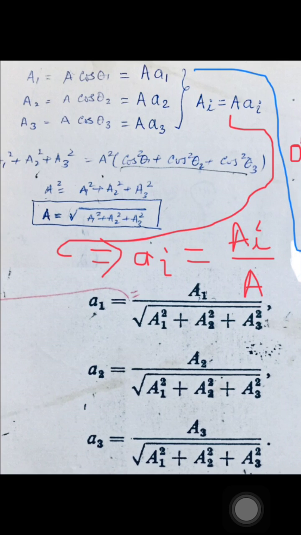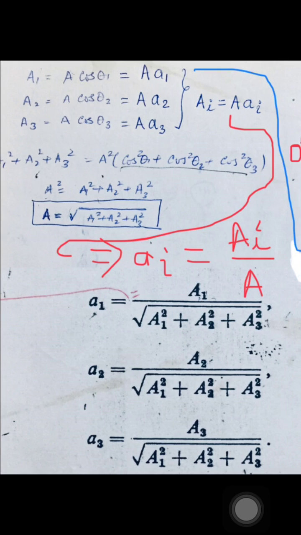And we know by the cosine identity that cos square theta 1 plus cos square theta 2 plus cos square theta 3 is nothing but 1. So what we get is A square equals A1 square plus A2 square plus A3 square, and finally A is the square root of A1 square plus A2 square plus A3 square. This we use again.